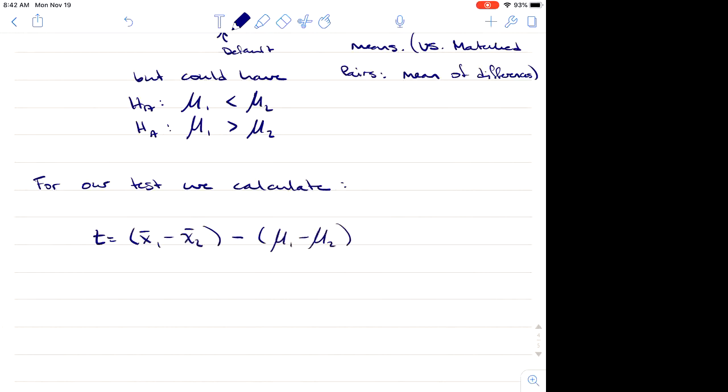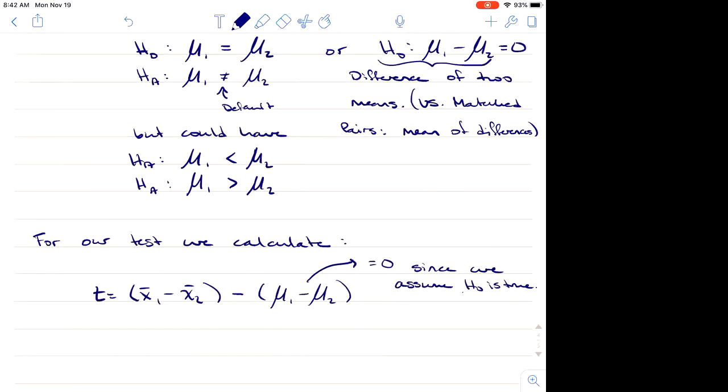That's not on your formula sheet. It's equal to 0, since we assume H naught is true. H naught says that mu1 is equal to mu2, or mu1 minus mu2 is 0. They're the same thing.